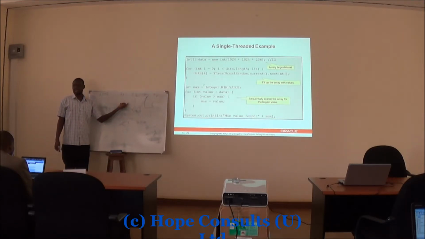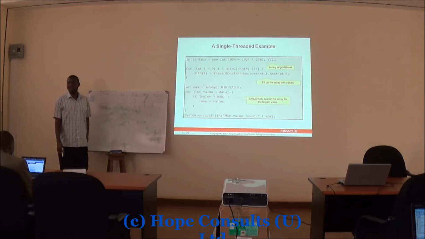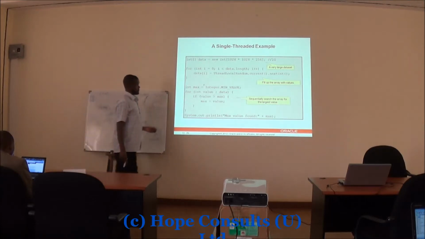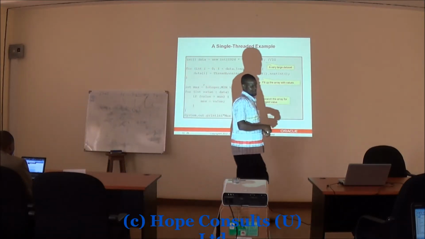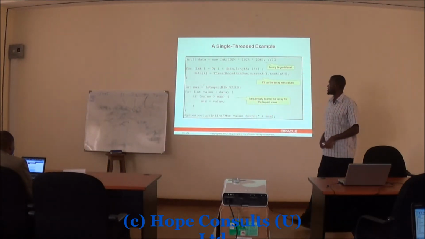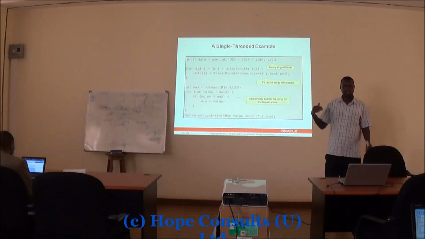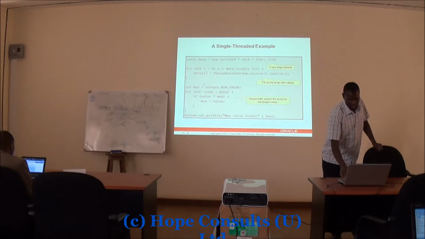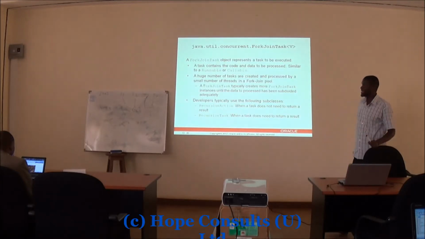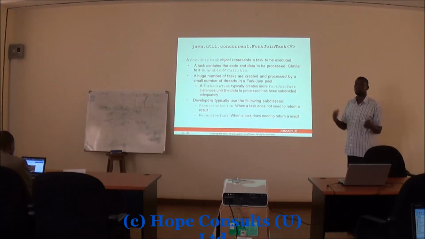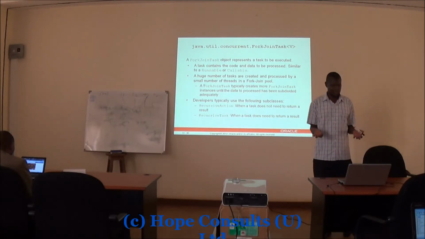Then this 4 can be taken by one thread. That is one way of doing that. But in a single threaded application, everything is done by one single thread, which will not be as efficient as possible, and yet we have processors which are idle.